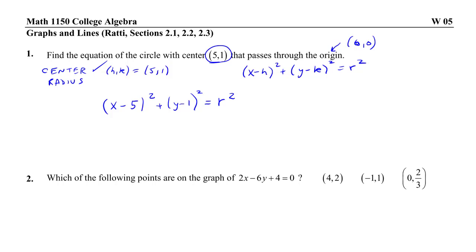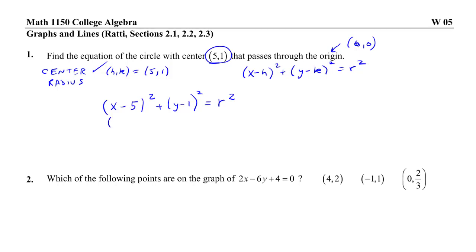Now, what I see is that I don't have r in this equation, but I do know an x and a y that I can put in. I know that 0, 0 is on this circle, so it should work. So if I put in 0 minus 5 squared plus 0 minus 1 squared, it should equal r squared.